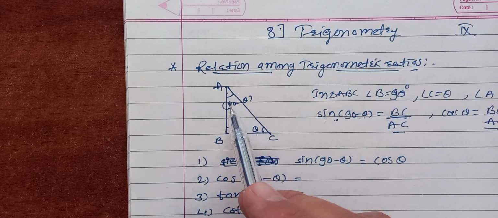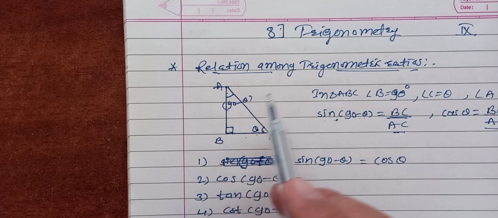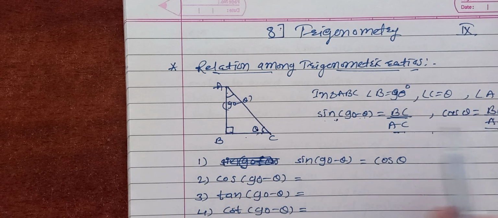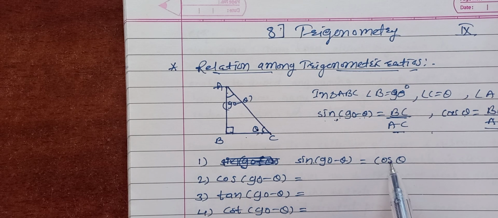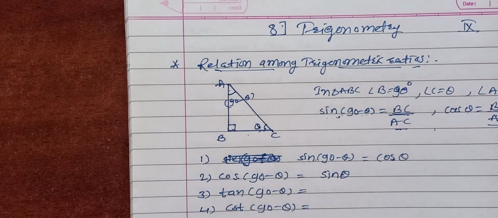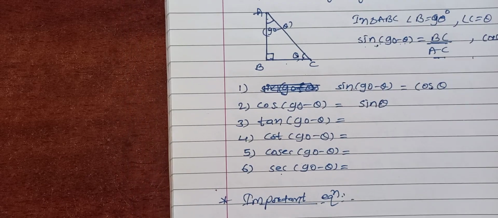So with the proof we can find this. If you find all these ratios, suppose sine 90 minus theta, cos 90 minus theta, tan, sec, cosec, cot, then you will get the relations between them. Sine 90 minus theta is cos theta. Similarly, cos 90 minus theta is sin theta. You can check in this way whether these values are correct or not.